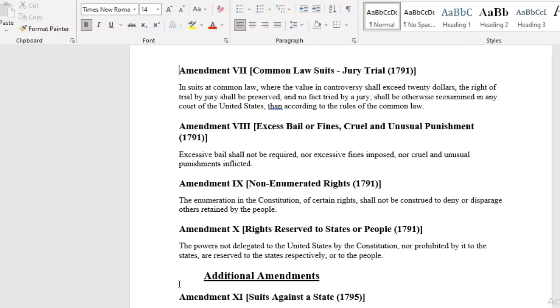So, if you've got a controversy that exceeds $20, then your right to trial by jury is always preserved, and no fact tried by jury shall be otherwise re-examined in a court other than according to the rules of common law. So, when a jury rules on something, that's pretty much it unless you move into the rules of common law.